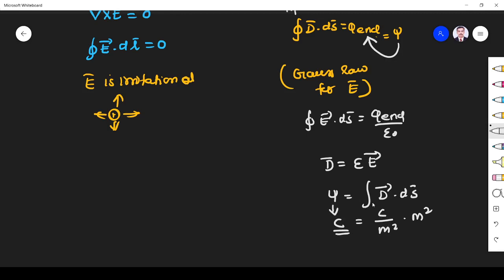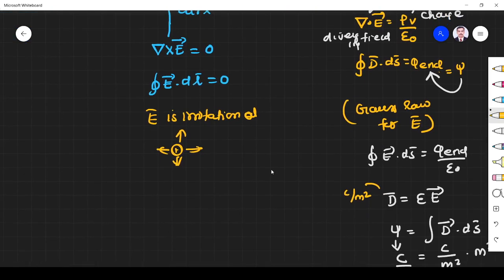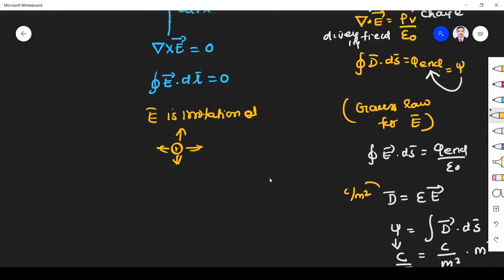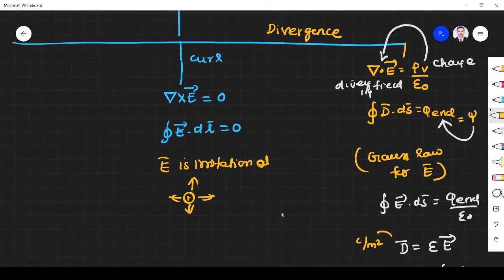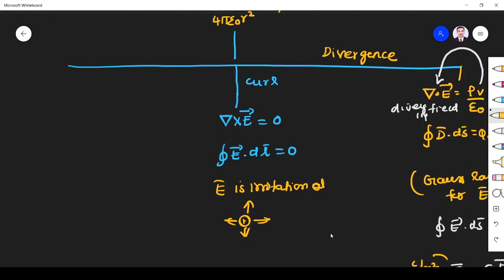Flux density is Coulomb per meter square. These things we must know about divergence of electric field. First we understood curl, then we understood divergence. What is the only thing remaining? Gradient.